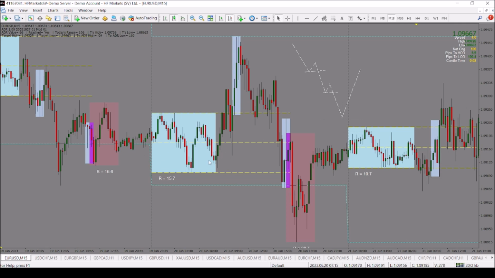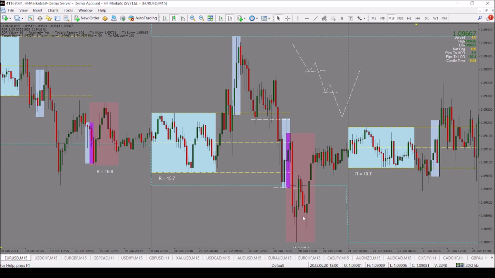On this particular example, we can see this Asian session range, and then the market went outside the bands, outside the Asian session range, and from there we had the first drop, and then the first break of market structure, which is this one, then the second drop, and the break of market structure for the second time.